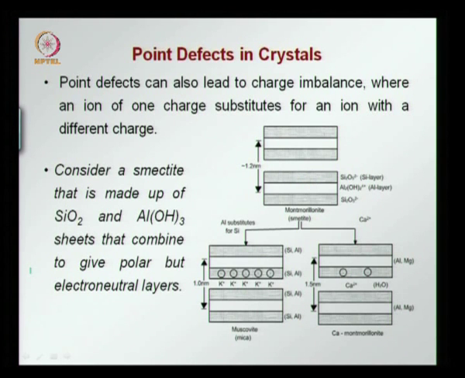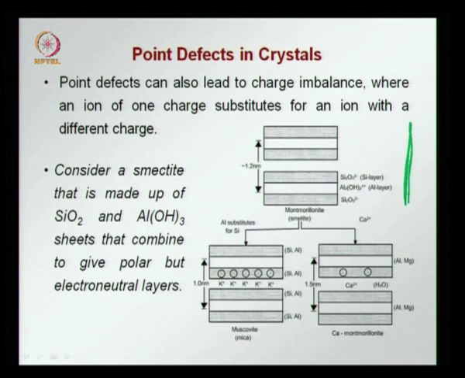Now point defects can occur in other materials like clays. Here you can have a point defect leading to a charge imbalance, where an ion of one charge substitutes an ion with a different charge. So, take the example of a smectite here at the top.